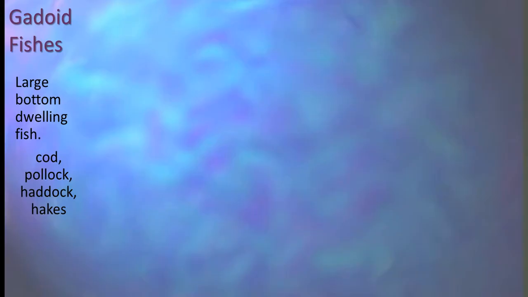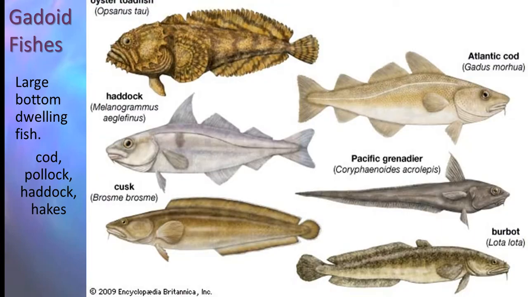And now we have our gadoid fishes, our large bottom-dwelling fish like cod, pollock, haddock, and something called a hake. Here's some pictures of some of them. I don't know if you've tried any of these guys right here. Certainly cod is very popular. If you don't know, the codfish industry was what pretty much started America being a world trading partner.